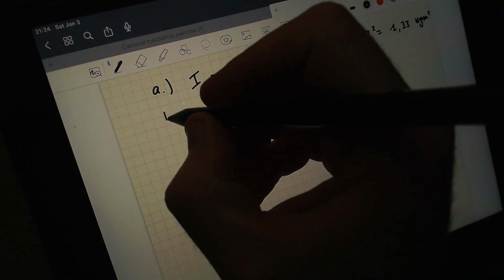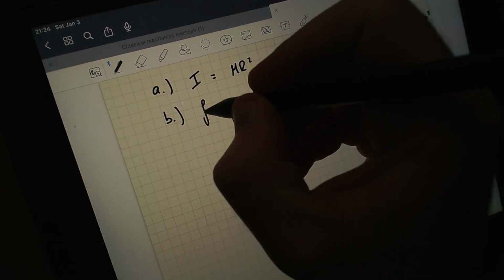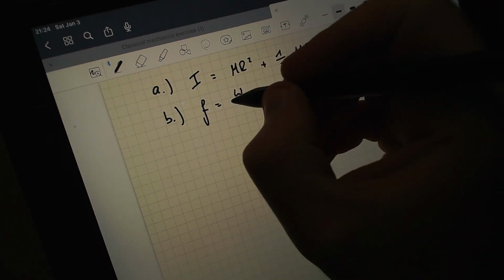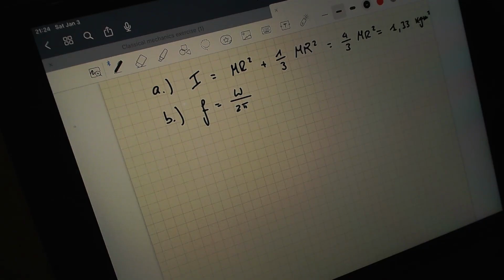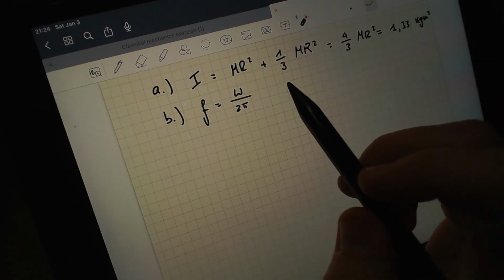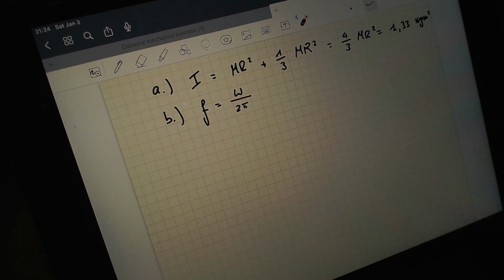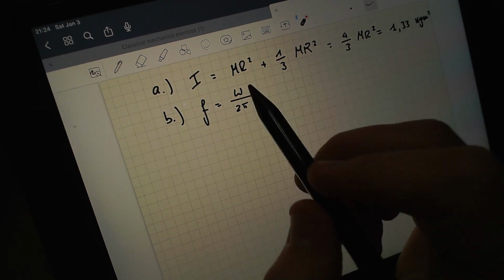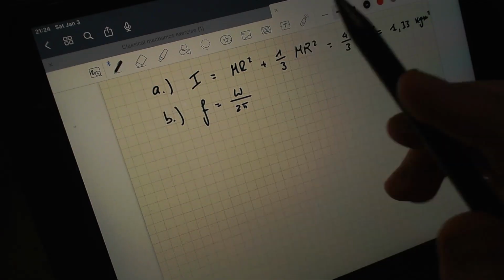In this second point you have basically to consider the frequency of the system, which is omega over 2 pi. If you watch the video I explain where this omega comes from, and basically omega is linked to the radius of the ring.